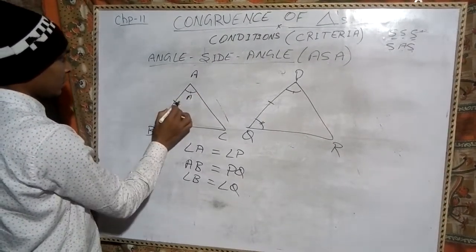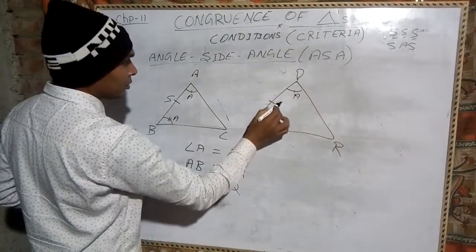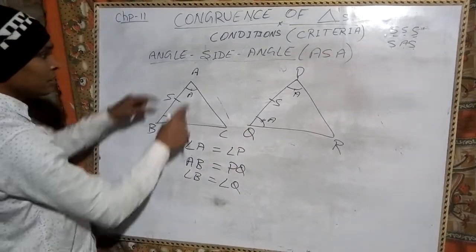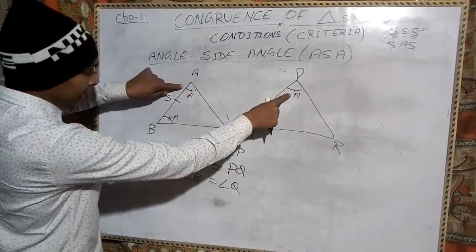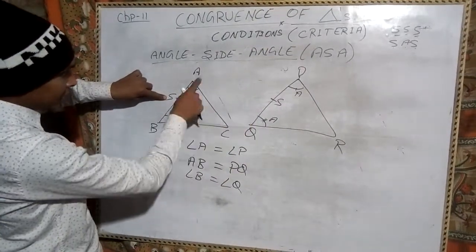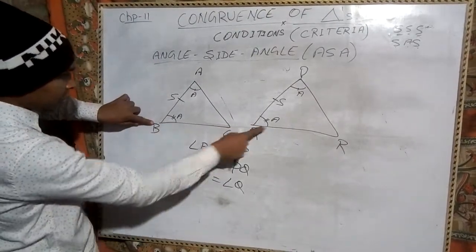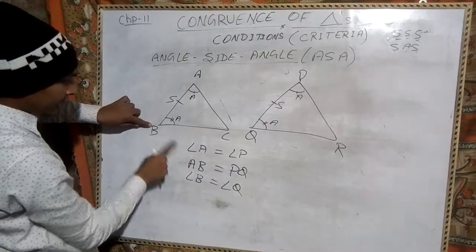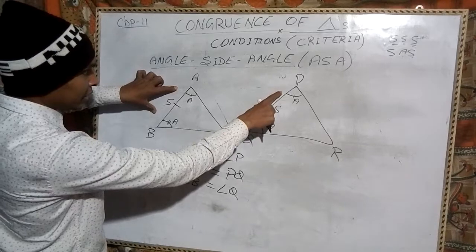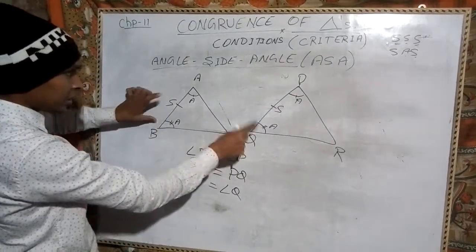Angle side angle, means if this angle is equal to this angle, angle A equal to angle P, if this side is equal to this side, say AB equal to PQ, and this angle equal to this angle, corresponding angle, say angle B equal to angle Q. When the corresponding sides are equal, this corresponding angle is equal, and this corresponding angle is equal.